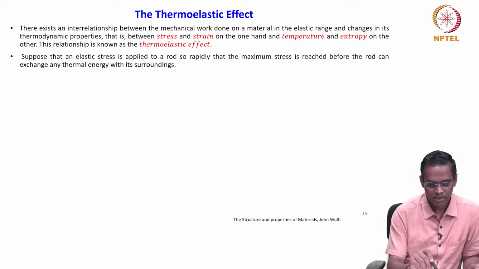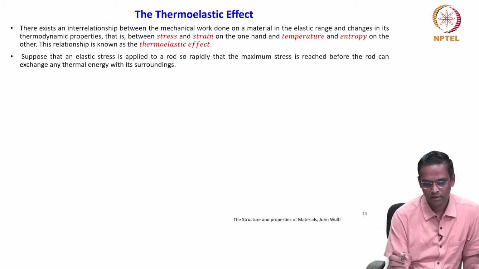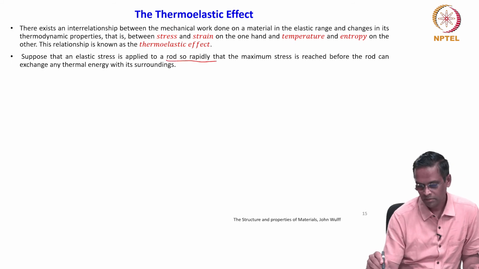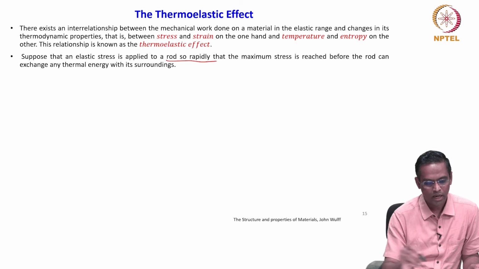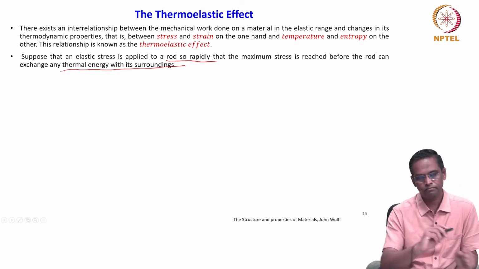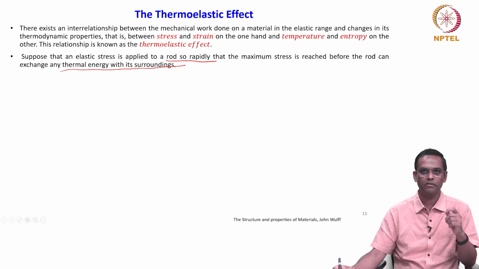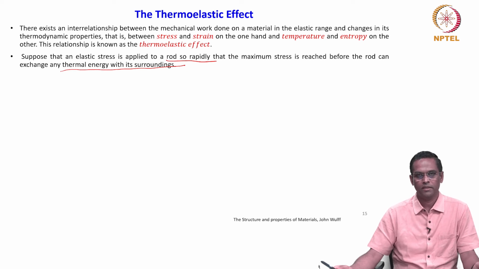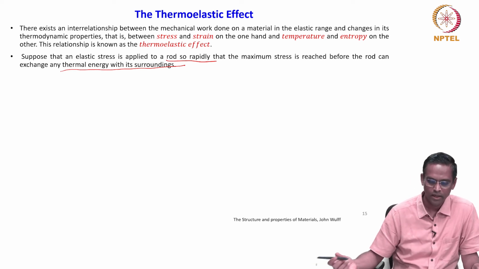Suppose that an elastic stress is applied to a rod so rapidly that the maximum stress is reached before the rod can exchange any thermal energy with its surroundings. So, this is exactly what we are discussing, right. Rapid loading, then what happens to the material? Okay.